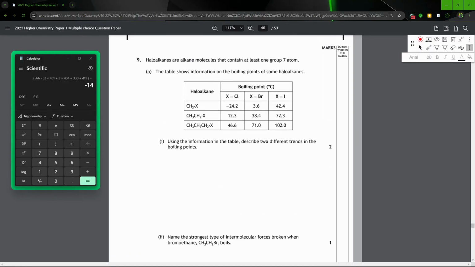Haloalkanes are alkane molecules that contain at least one group 7 atom. The table shows information on the boiling point of some haloalkanes. Using the information in the table, describe 2 different trends in the boiling points. As you can see here, as you go down the halogens, the boiling point always seems to increase. So going down the halogen group increases boiling points.